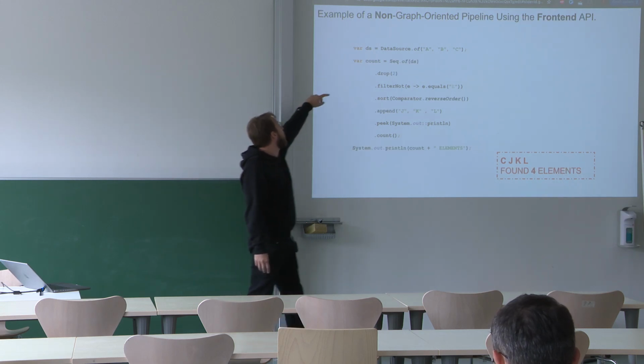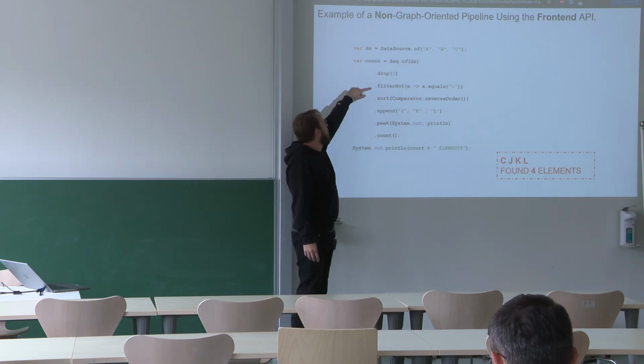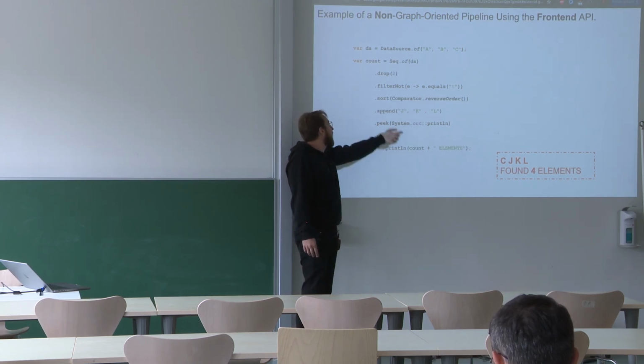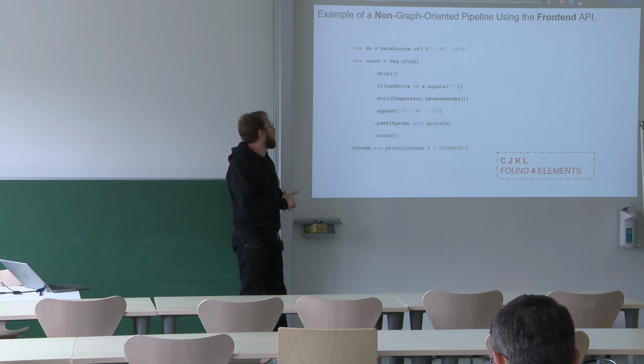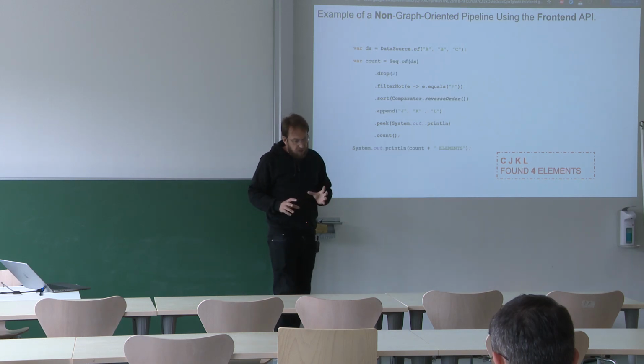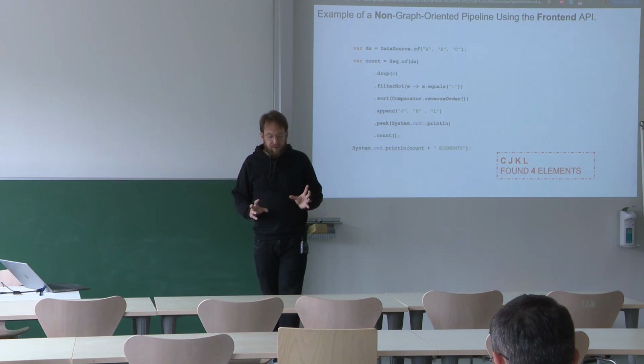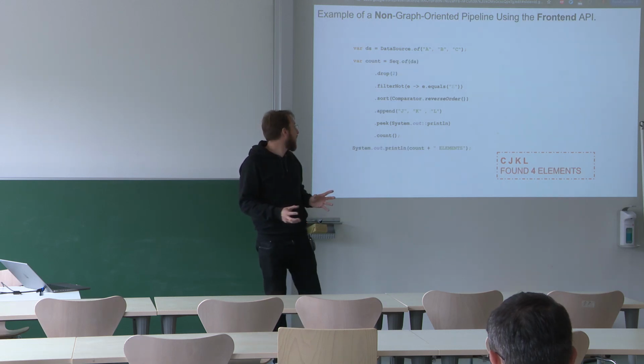We drop two of the elements in there. We filter out the ones that are not equal to E. We do a sort. We append a list of new characters, and then we print them. And this is a terminal operator that counts, right? Important because the evaluation of a pipeline is lazy and has a life cycle.